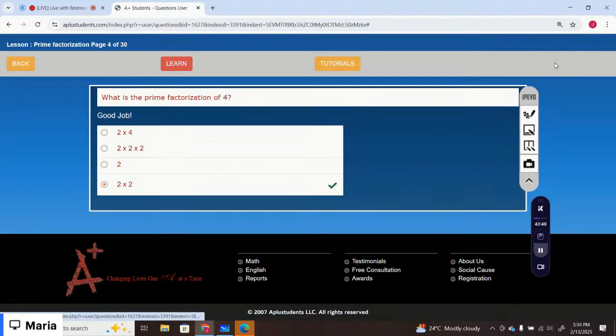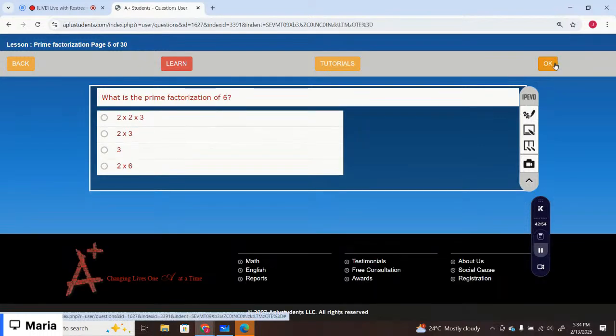The last option is the correct option. The correct option is 2 times 3.